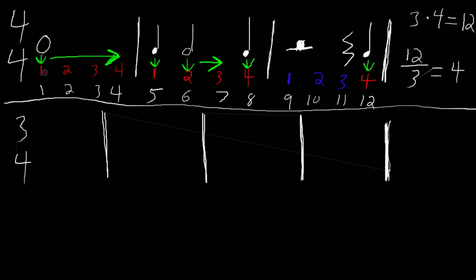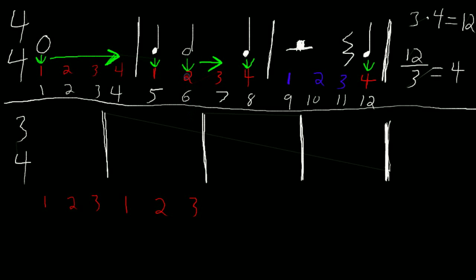We can just take these numbers and write them down here, but we're going to write this in groupings of 3. So we know our first 3 numbers are all red, right? Because we're playing notes. In fact, our first 8 numbers are all red. So let's go ahead and write that down. We've got 1, 2, 3, then next measure, 1, 2, 3, okay?